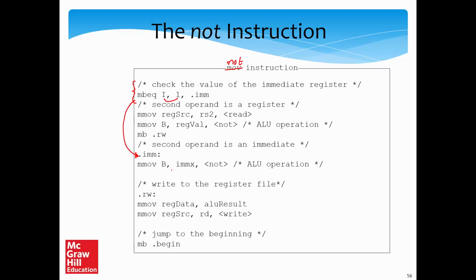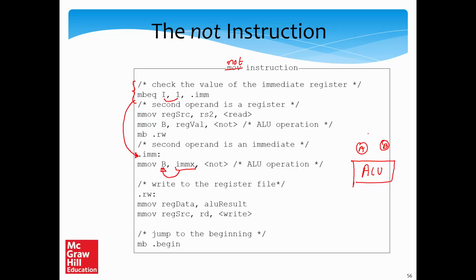If it's an immediate, we access the IMEX micro register which contains the immediate. We move it to the ALU micro register B. Why? Because recall that the ALU is encapsulated with two micro registers A and B, and even back in chapter 3, we have used B as the source of data for the NOT instruction.